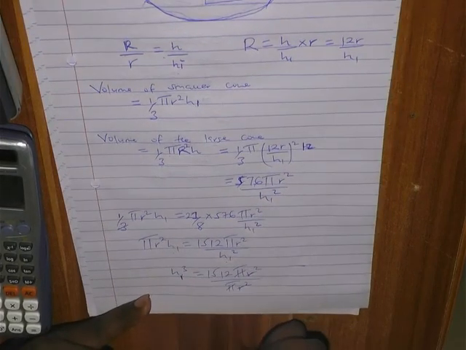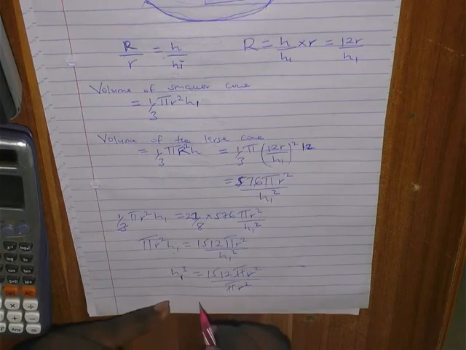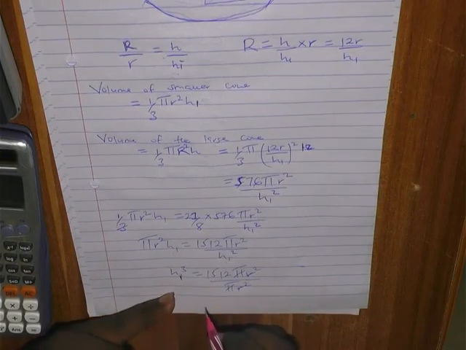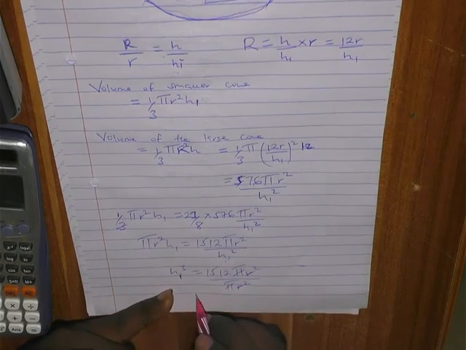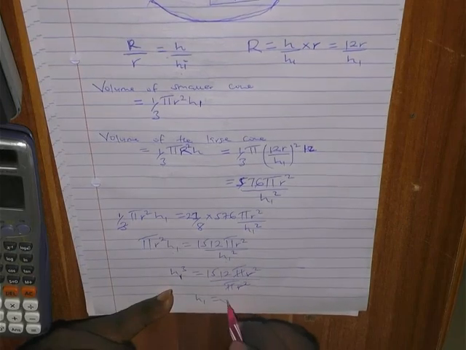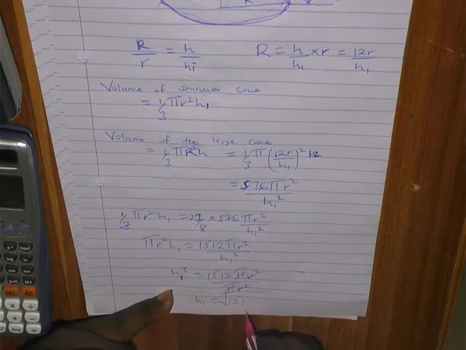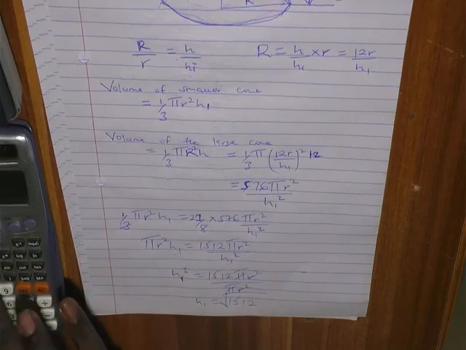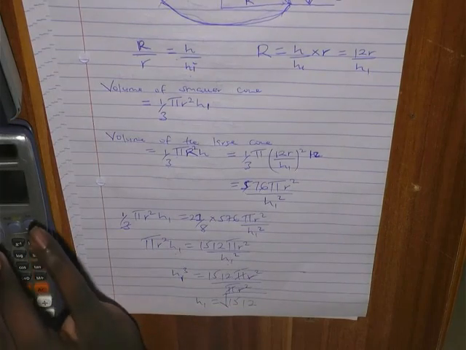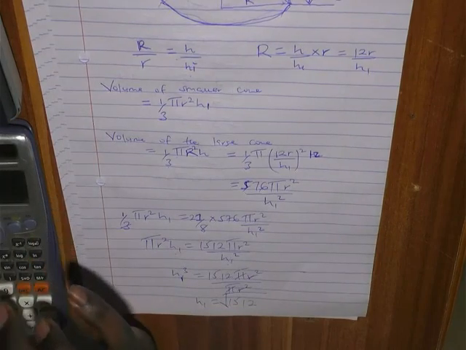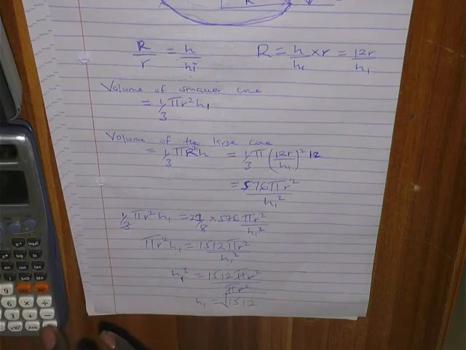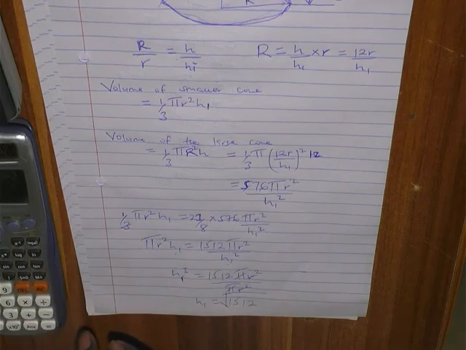So it means h1 is equals to the cube root of 1512. So the cube root of 1512 gives us 11.478.